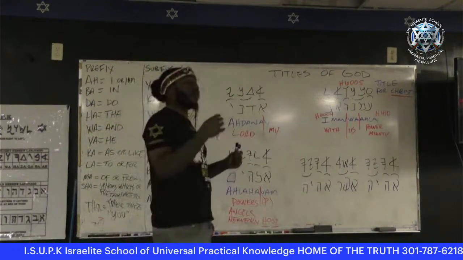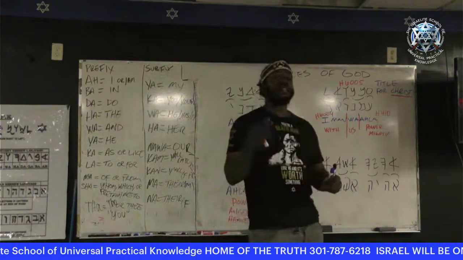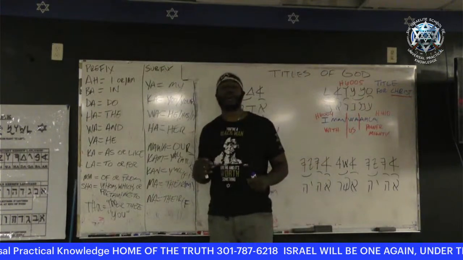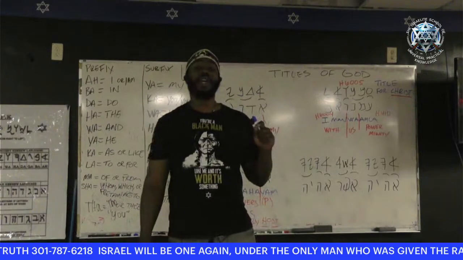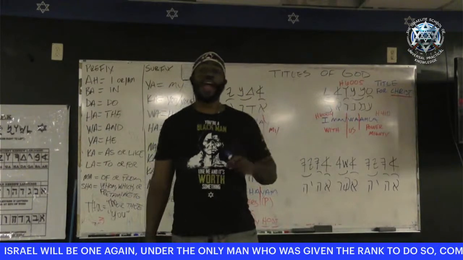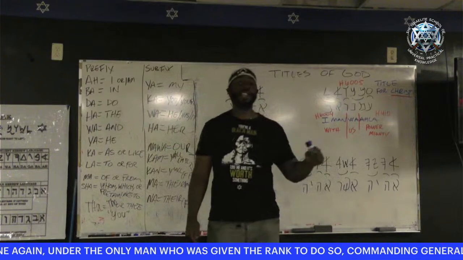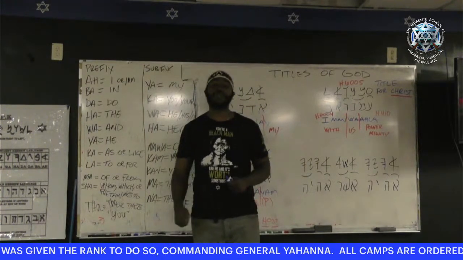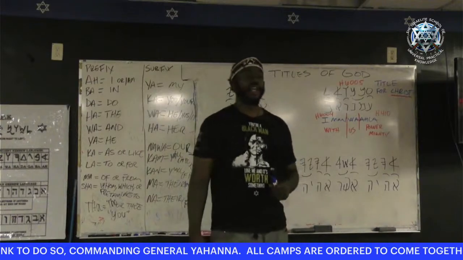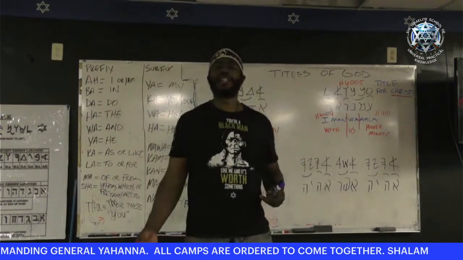And what's so heavy about this is because this lines up where we are in the story in Genesis when Jacob asked the angel his name when he wrestled with him. You know what I'm saying? And the angel was like, why do you ask my name?